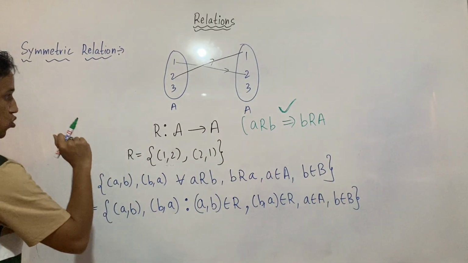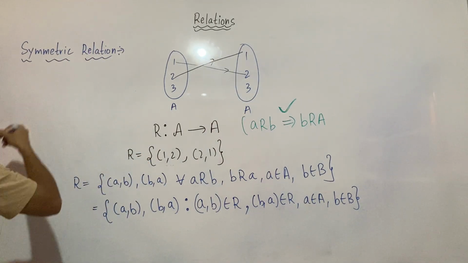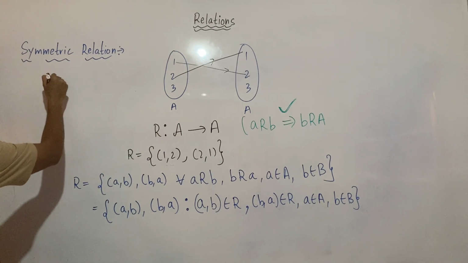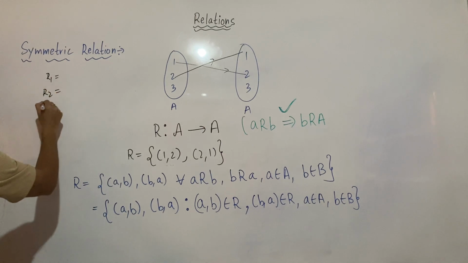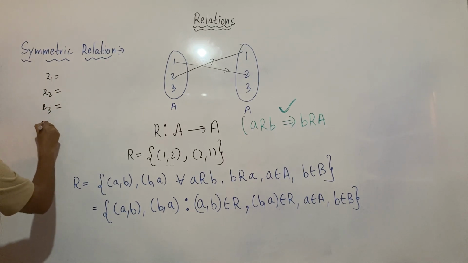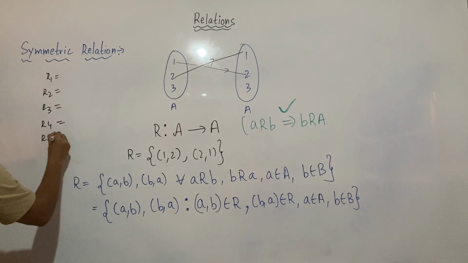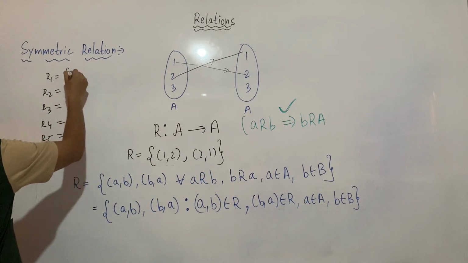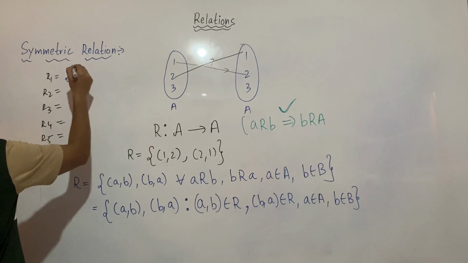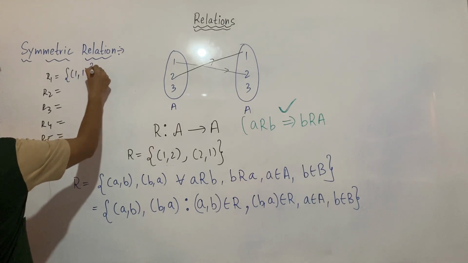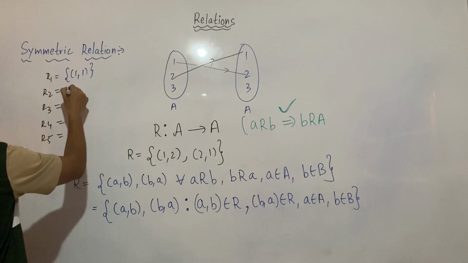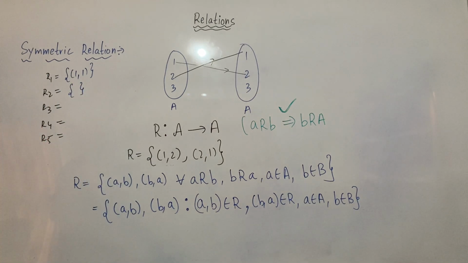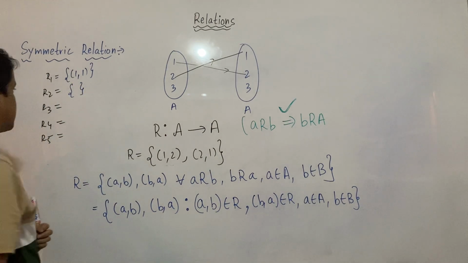Okay, you can look at some questions. For example, let's say that here we have some relations R1, R2, R3, R4, R5. Relation R1 is {(1, 1)}. Relation R2 is just the empty set.